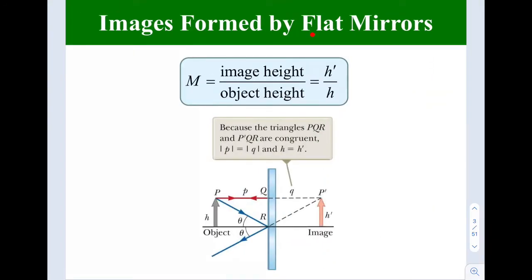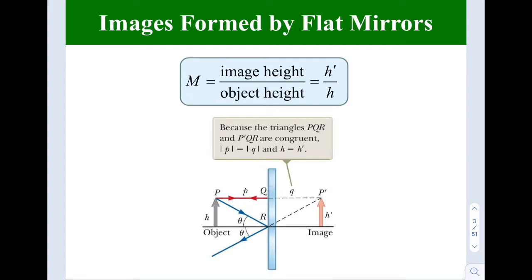Again, still about image formed by flat mirrors, but now we have an extended object, where we consider the shape and also the height of the object. This is our flat mirror.